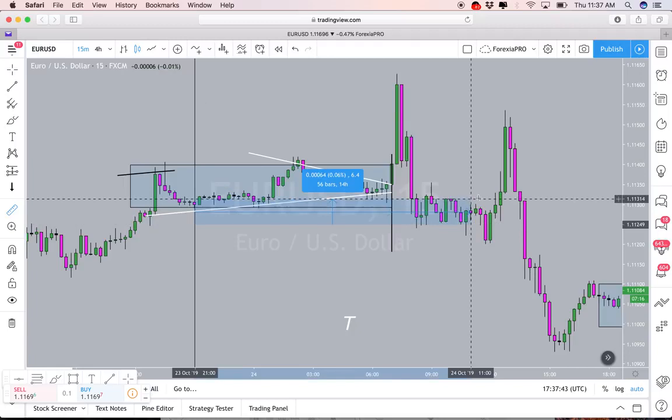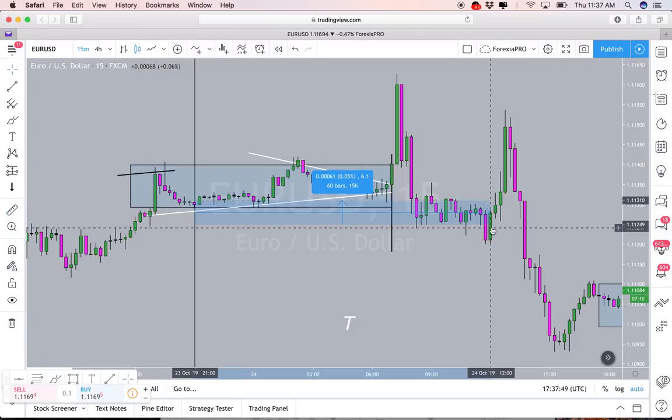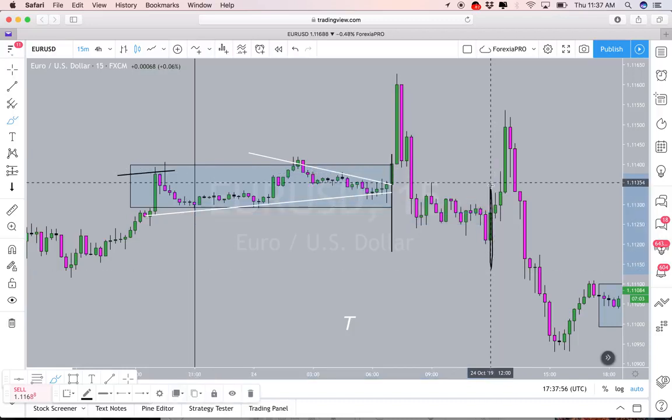And exactly 15 hours later, this candlestick right here is the start of New York session.